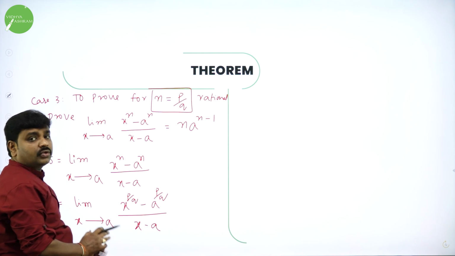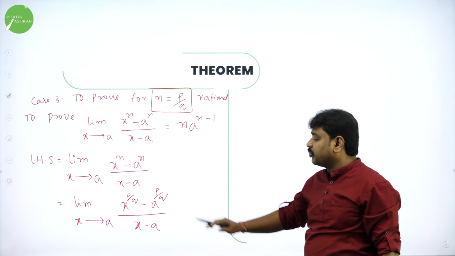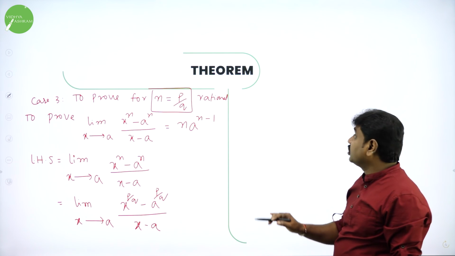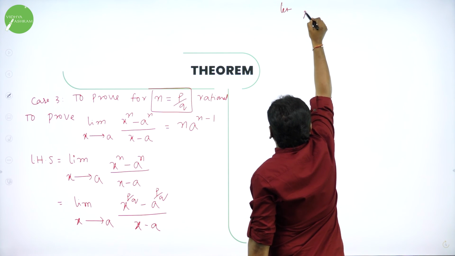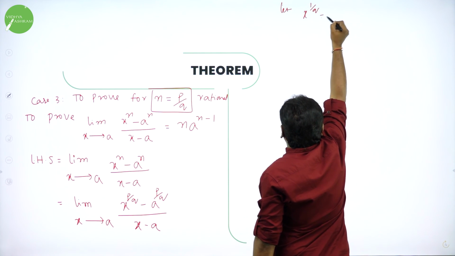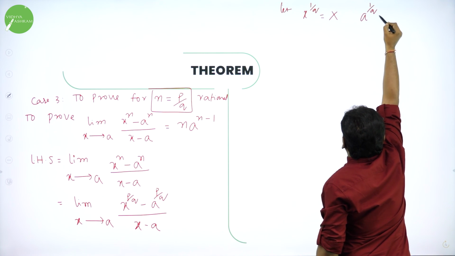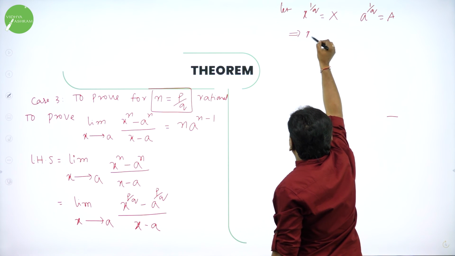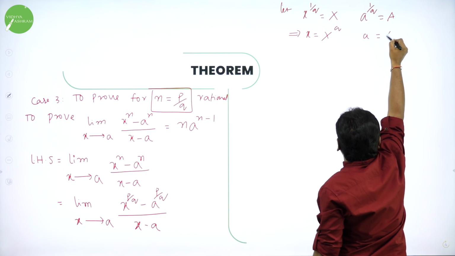Now we have to make an assumption. Till this part it is simple: in the place of n I put p by q. The assumptions we are making are important, so pay more attention to understand this. Let us assume x power 1 by q is capital X, and a power 1 by q is capital A. So this implies small x becomes capital X power q, and small a becomes capital A power q.